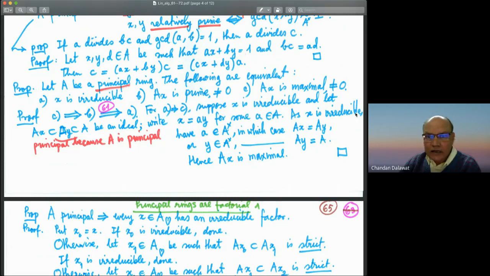But this x is irreducible by hypothesis. So either a is a unit, in which case these two ideals, Ax and Ay, will be the same, or y is invertible.